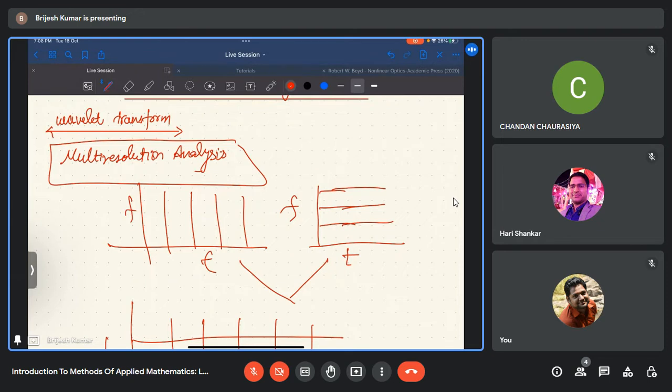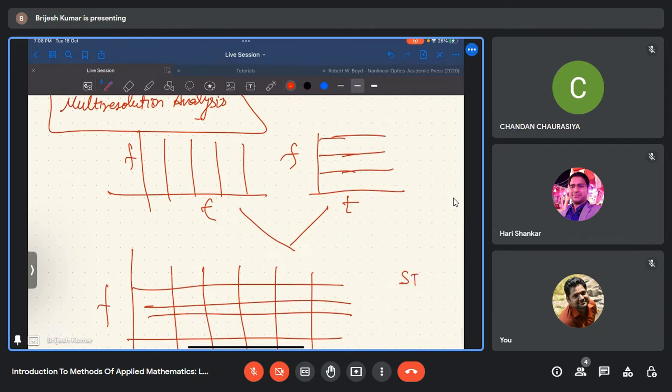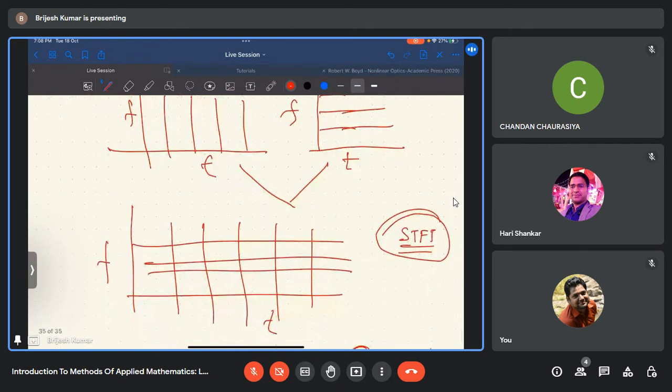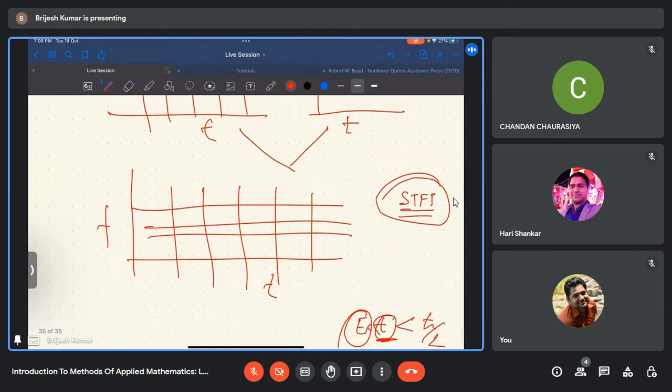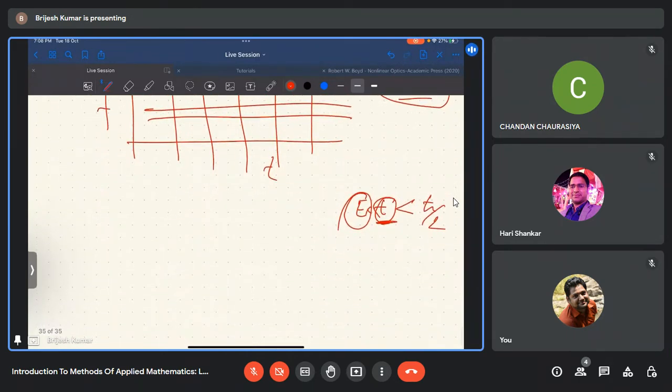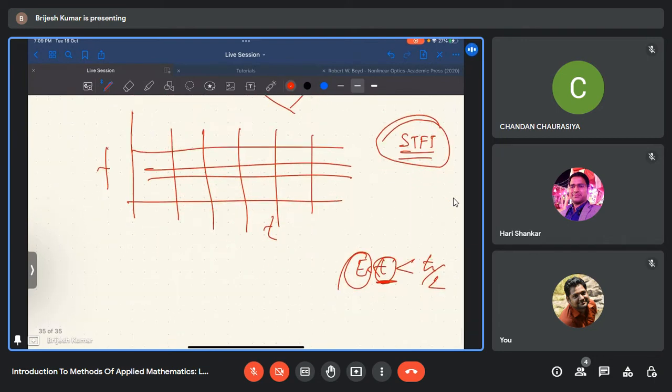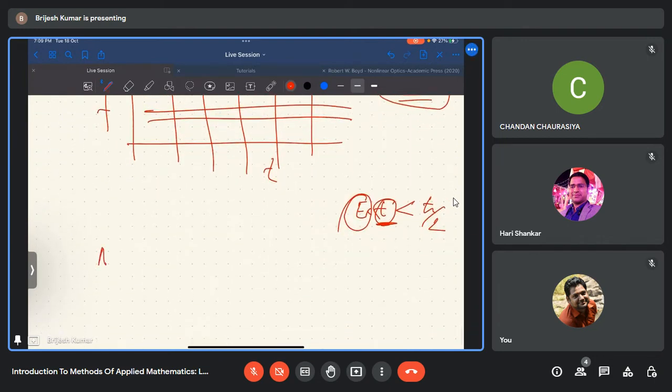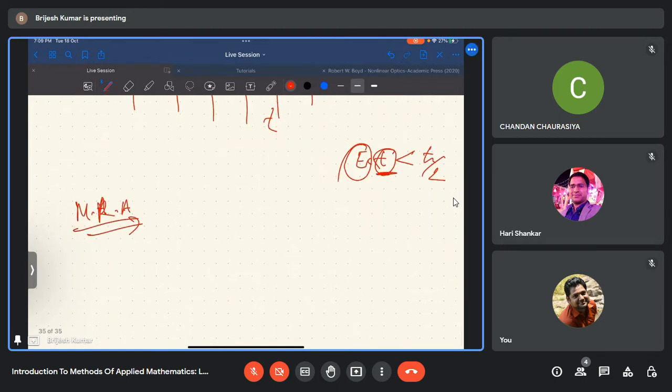In the STFT, every spectral component is not resolved equally, that is the short-time Fourier transform. So this multi-resolution analysis, called MRA, is designed to give good time resolution and poor frequency resolution at high frequencies.